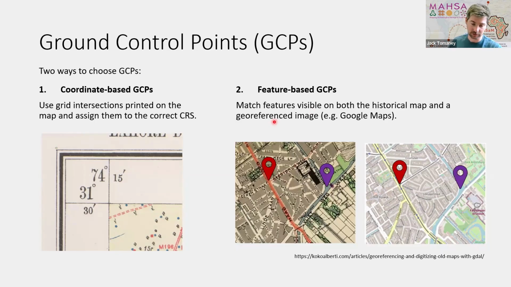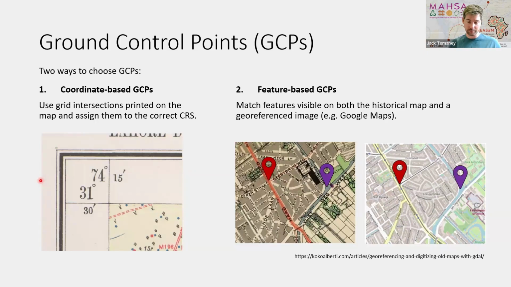And based on this, you might think that if a map has coordinates printed on it, as in option 1, then these would always be the best choice. However, that's not necessarily true. So historic maps can have small inaccuracies in their grid, and the paper itself may have stretched or shrunk or bent over time.